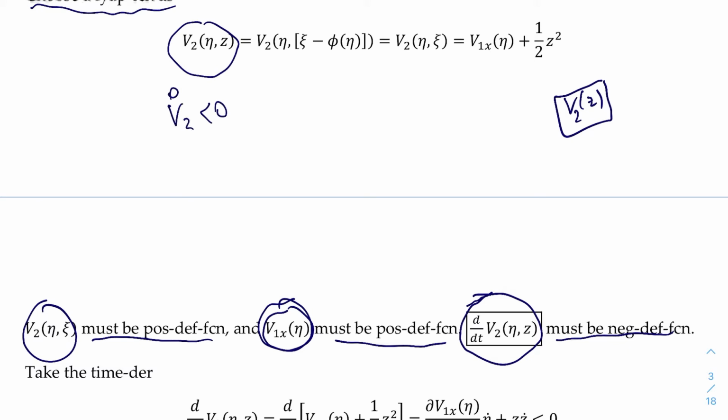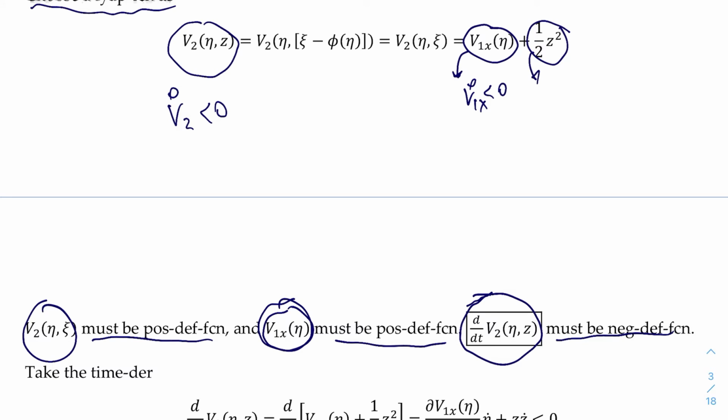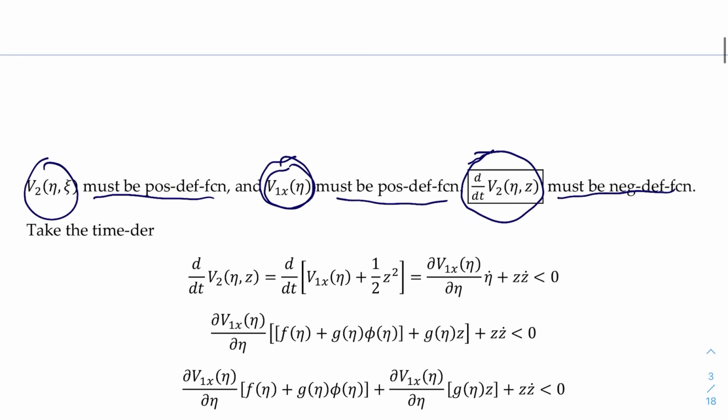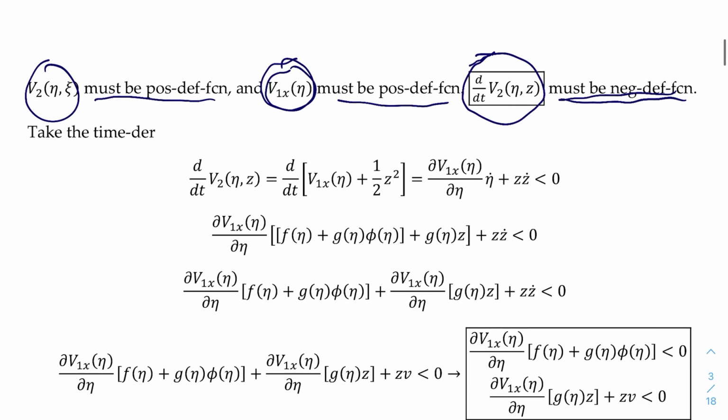This is already positive definite, but z dot, meaning if we call it v2 of z, and v2 dot is this, this term must be negative definite. We are just stating obvious things here.